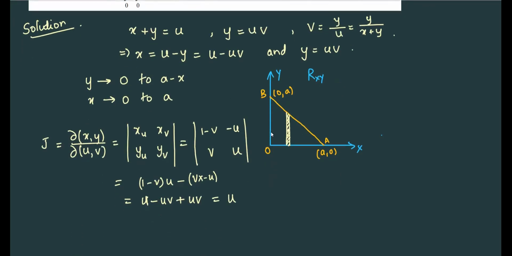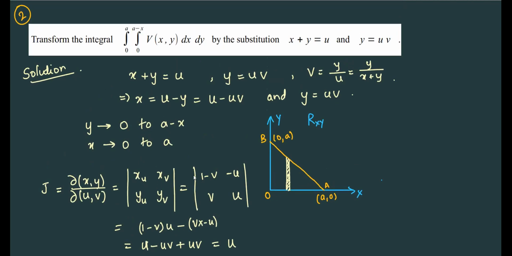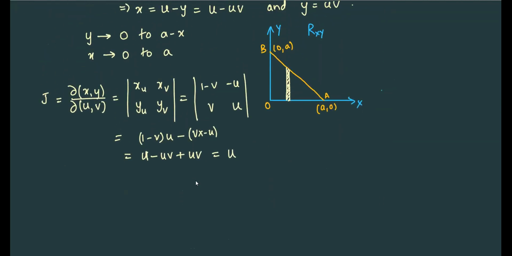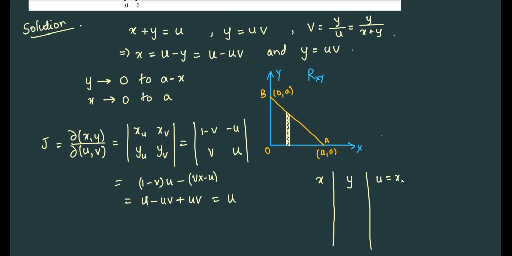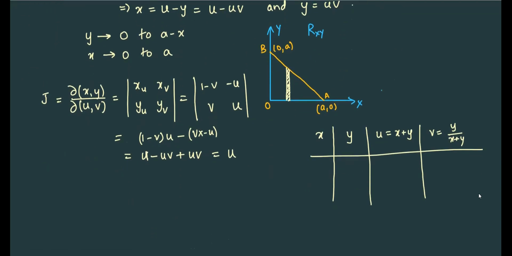Now let us see the limits. u is equal to x plus y, and v is equal to y by x plus y.